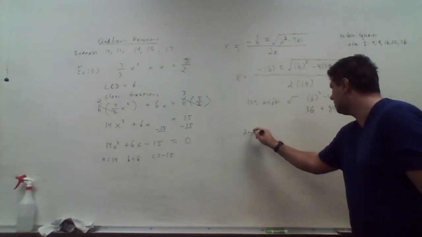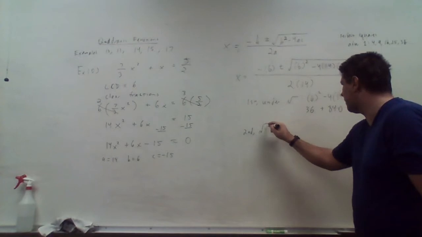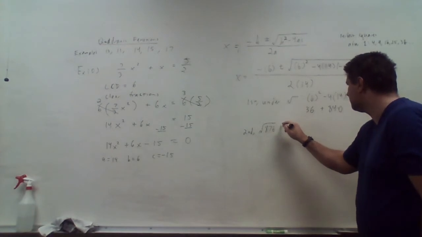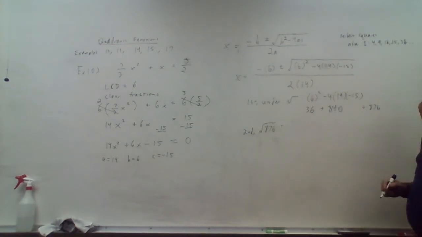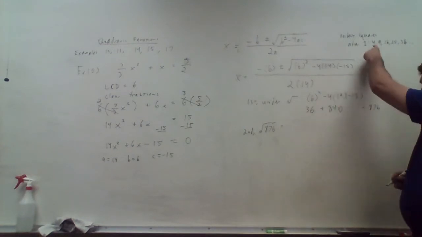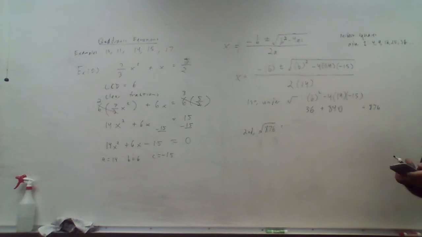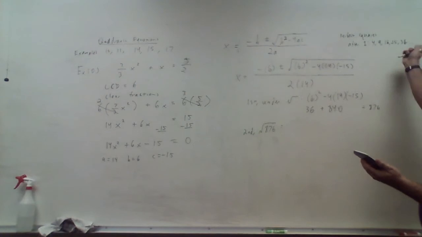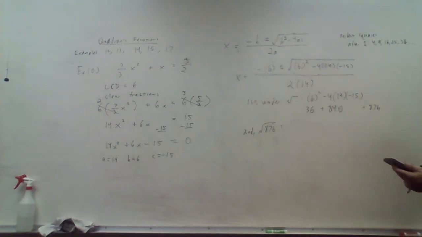Second, we simplify the square root of 876. We look for a perfect square which divides 876. Since it's even, we'll try 4. So 876 divided by 4 gives me 219. 219 isn't divisible by any such number, so we're done.